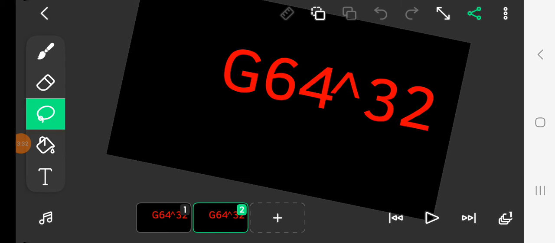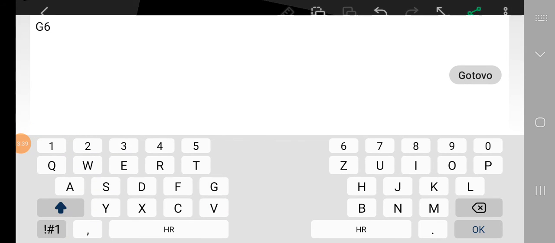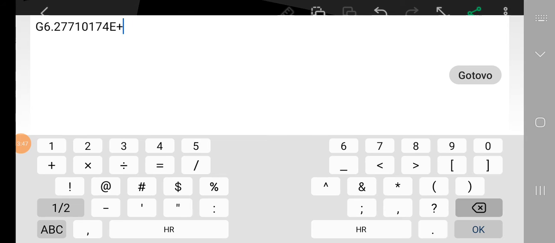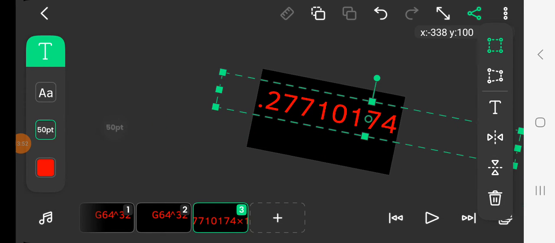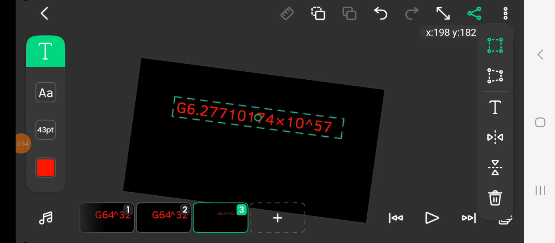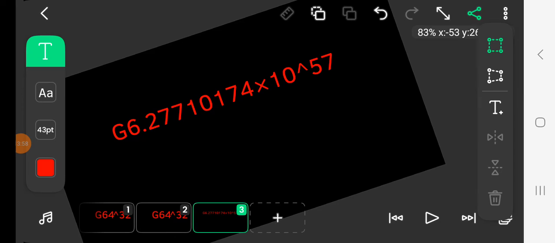That shall give us approximately G6.27710,174 plus 57 times 10 to the power of 57. Yes, that's how big this thing gets. This big number right here, G6.2771074 times 10 to the power of 57.